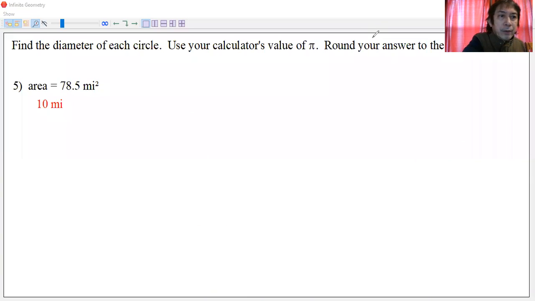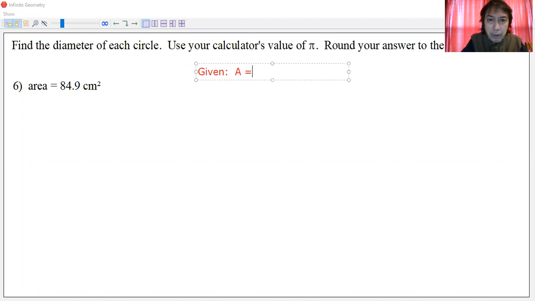All right. This is number 6. Again, find the diameter. Find the diameter given the area. All right. And so we shall begin with the given data. Our given is the area, which is equivalent to 84.9 centimeters squared.